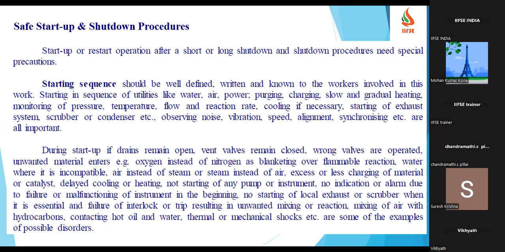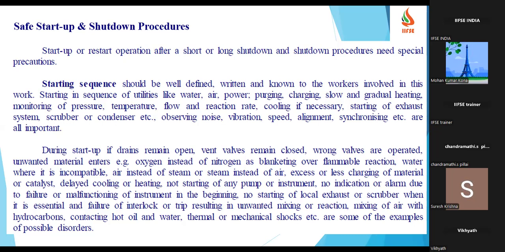In such a case, what will happen? You should follow some sort of procedures or practices to perform the activity in a safe manner.